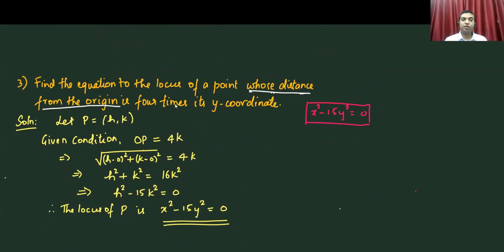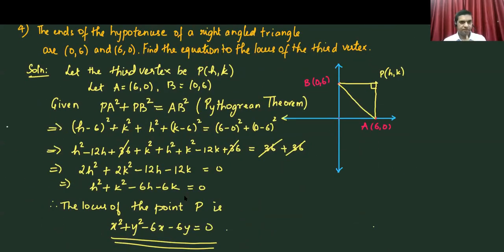Then we find the equation of a locus whose distance from the origin is 4 times its y coordinate. So we apply and got this. Then we did this problem: the ends of the hypotenuse of a right angle triangle are (0, 6) and (6, 0). Find the equation to the locus of the third vertex.